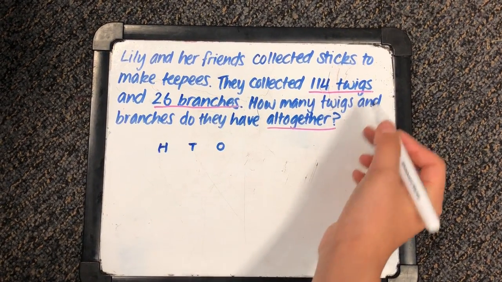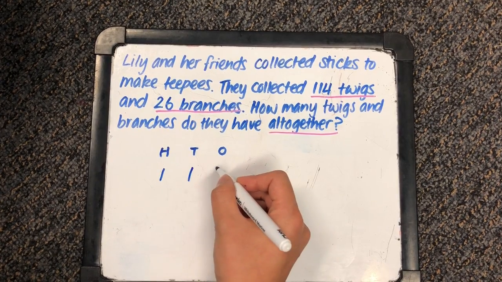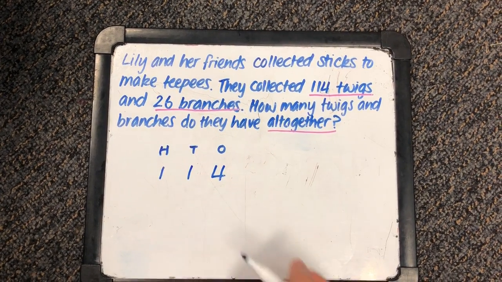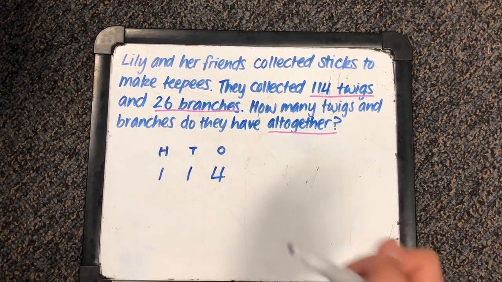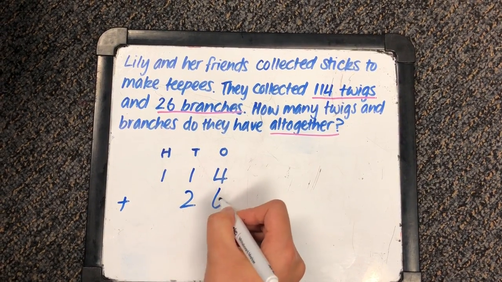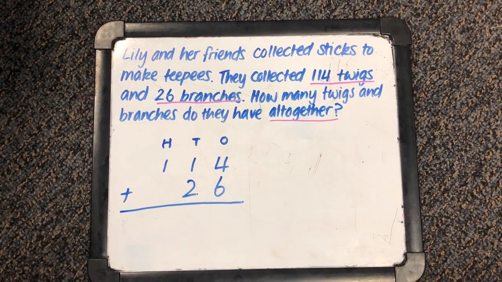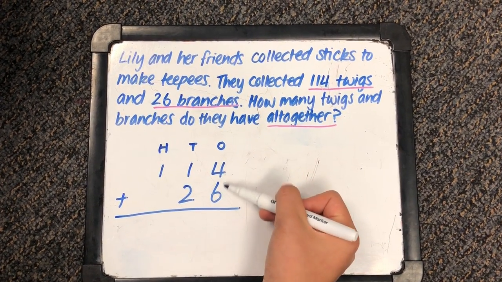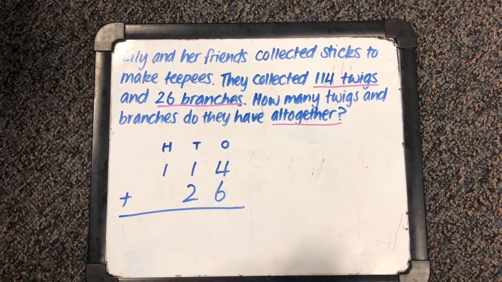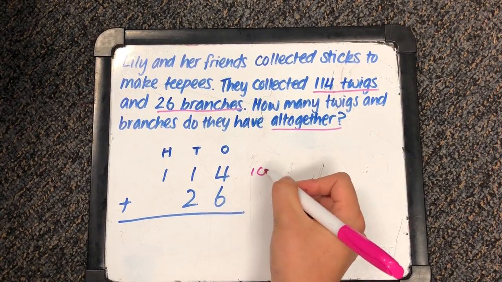So I can see 114 twigs, each under the correct place value, plus 26 branches. All right, let's do this together. So 4 plus 6 is 10.